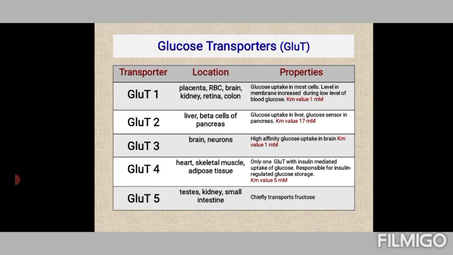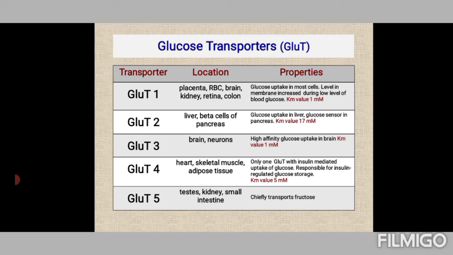Now we'll go to GLUT3, because this transporter also has a Km value of 1 millimole, and it has a high affinity for glucose. Now GLUT3 is present in very high numbers in brain and nerve cells, and it has the same Km value of 1 millimole as GLUT1.